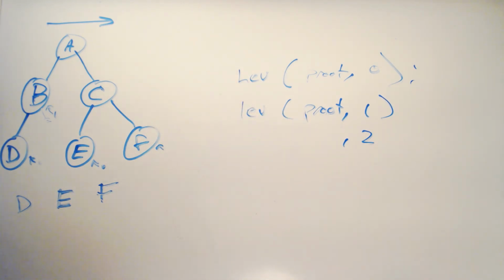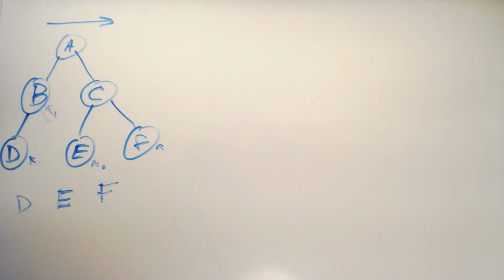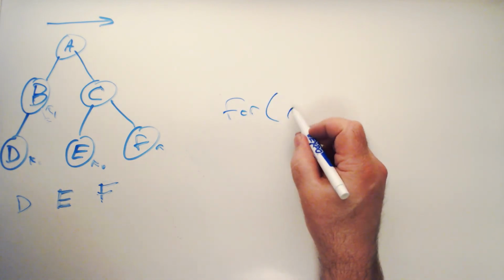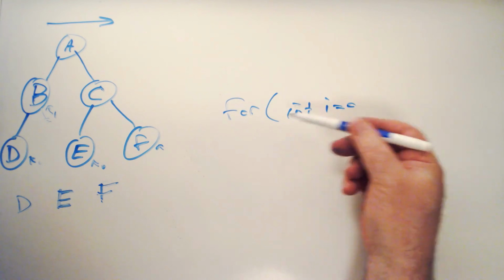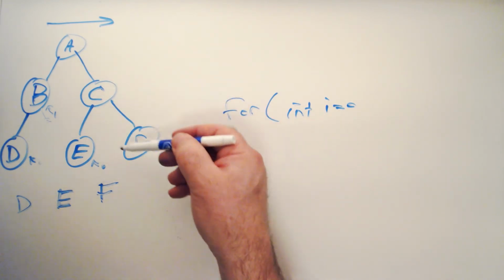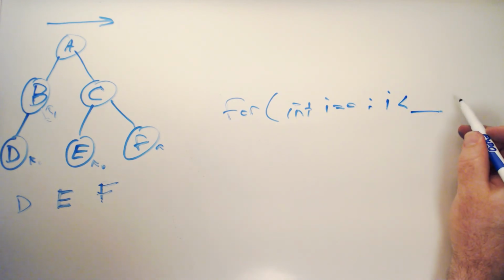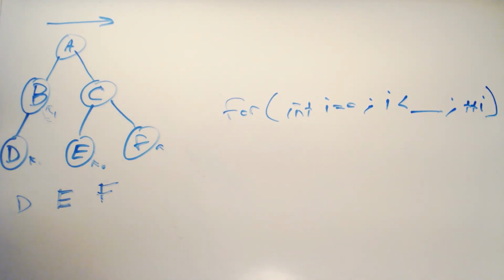Well, that's just a loop with a counter, okay? So now how do we compress the whole thing down to traverse the entire tree in level order? Well, let's write our loop here. For int i equals 0, because that'll be the 0th level, then level 1, then level 2. i less than something, right? These are semicolons, and then plus plus i over here.